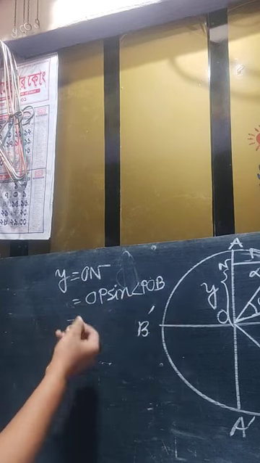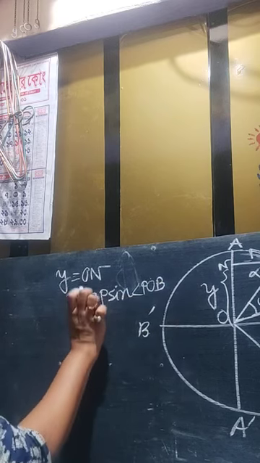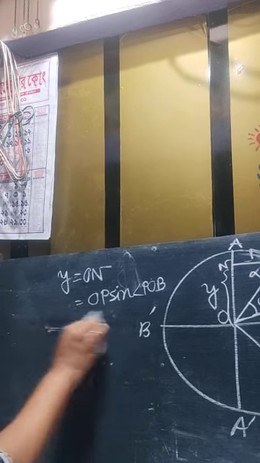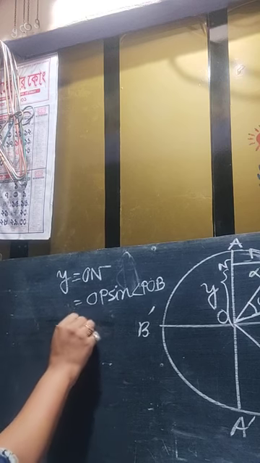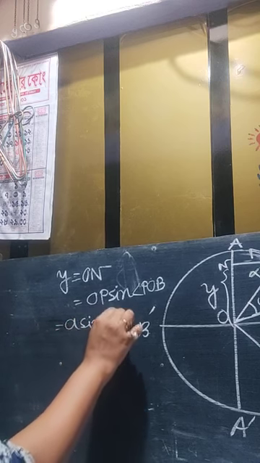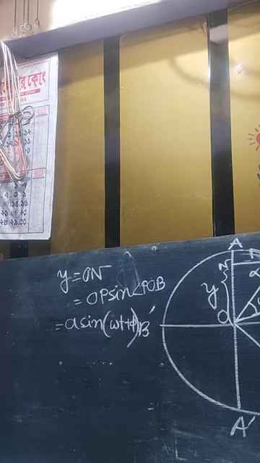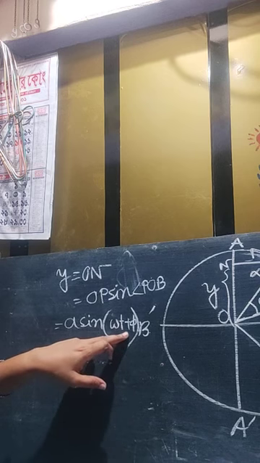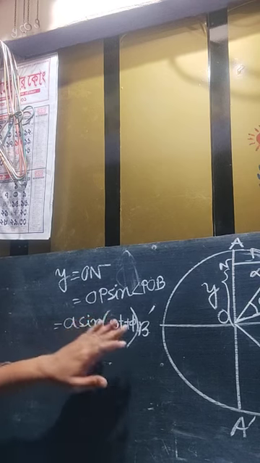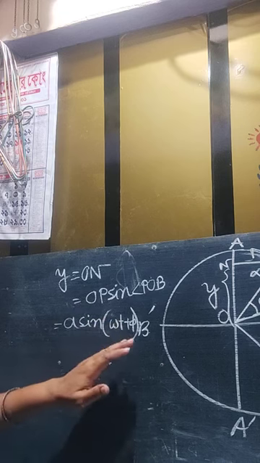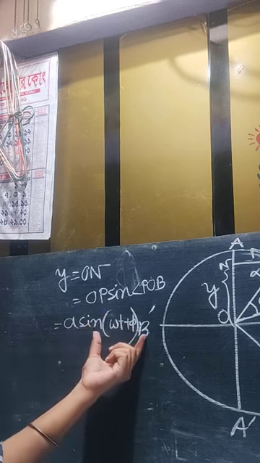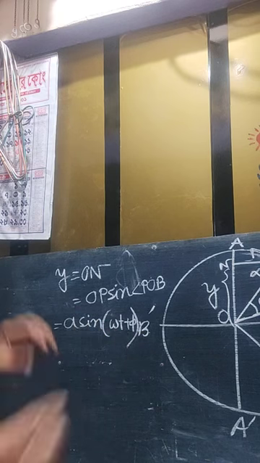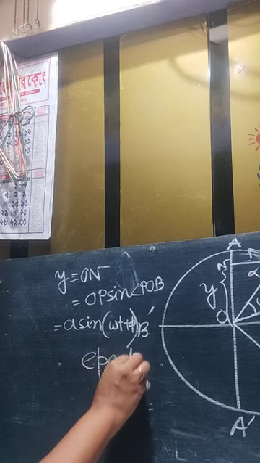OP is nothing but the radius, that is A, so y equals A sine omega t plus phi. If it is plus, then we can say that they are in the same phase, and this part, omega t plus phi, is called the initial phase or epoch.